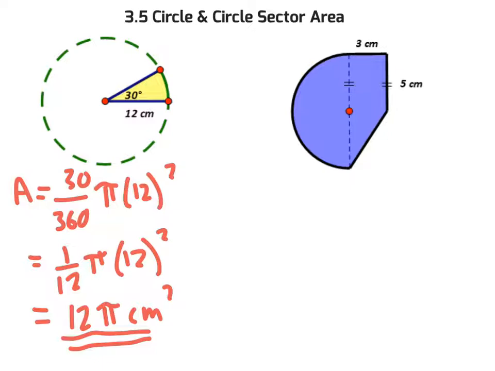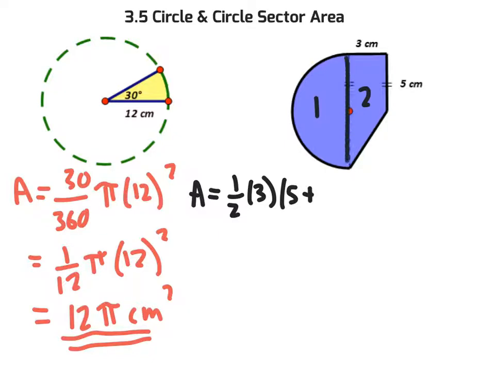I can see two things. I can see a half circle, and I can see a trapezoid. And so in doing so, let's calculate that out. The trapezoid would be 1/2 the height, which would be 3. The one base would be a 5, and the other base would be a 5, and a 5 would be 10.